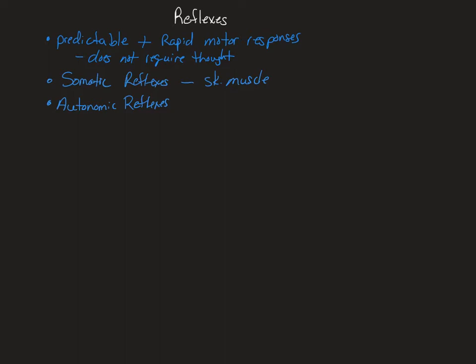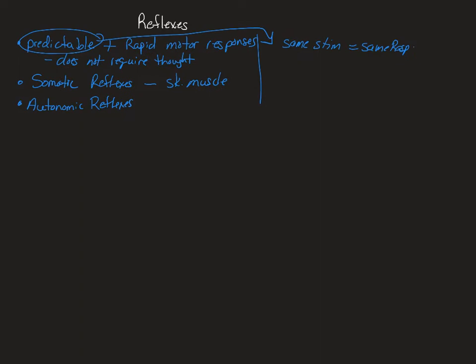And those are often an interaction either locally or with the spinal cord and various internal organs. The key thing here is that with everything, so this whole idea of predictable, all right? So it's predictable, which means the same stimulus always results in the same response. Okay?